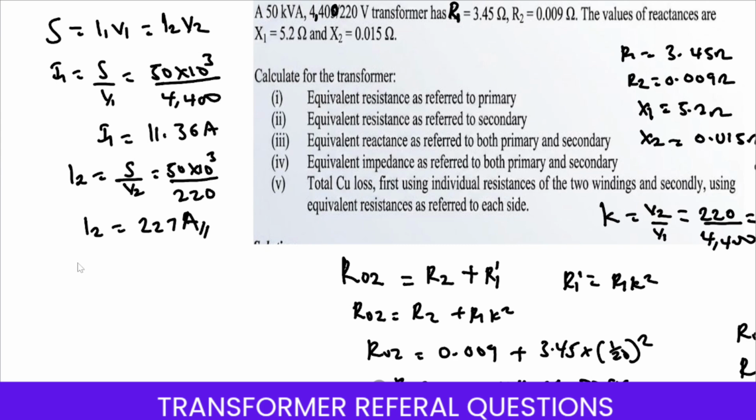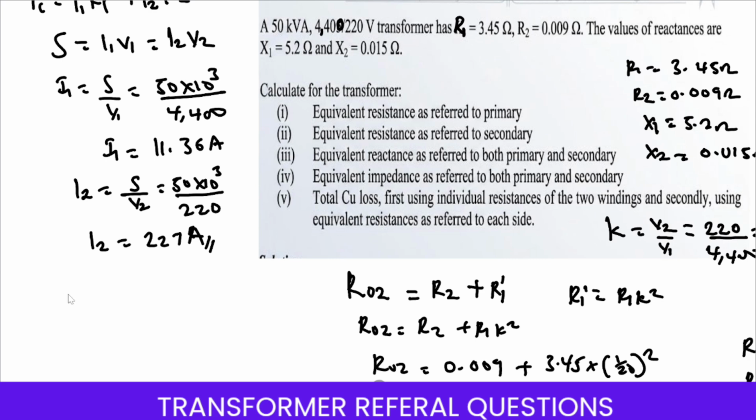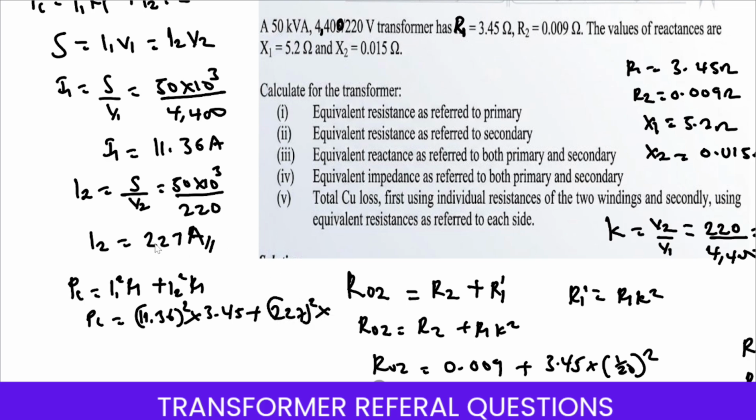Now we can choose to do it individually, using the individual resistances. That means PC will be equal to I1 squared R1 plus I2 squared R2. So for I1, we have 11.36 squared multiplied by R1, which is 3.45, plus I2 squared, 227 squared, times R2, which is 0.009.